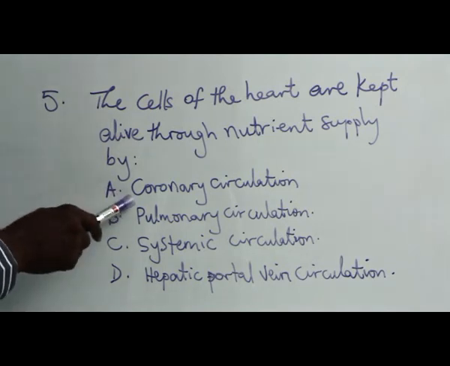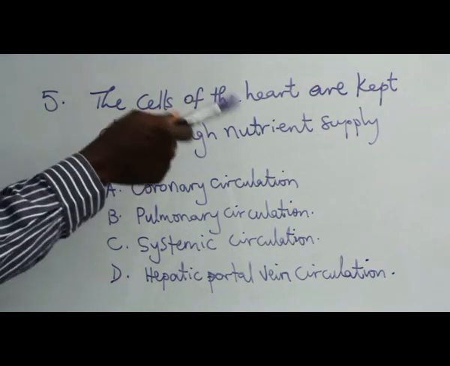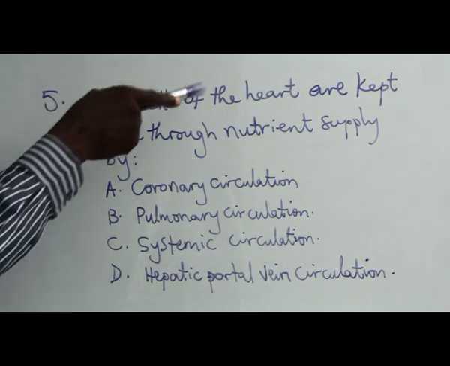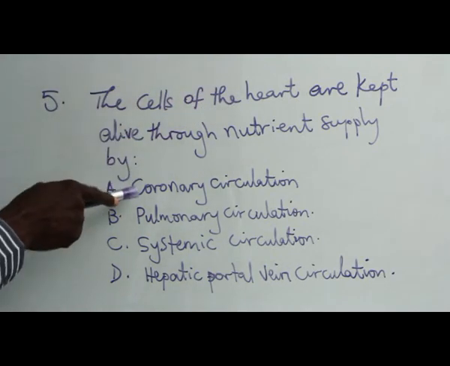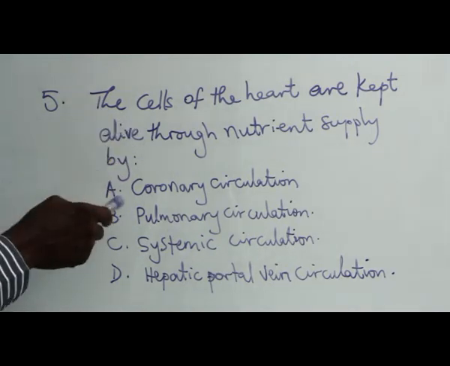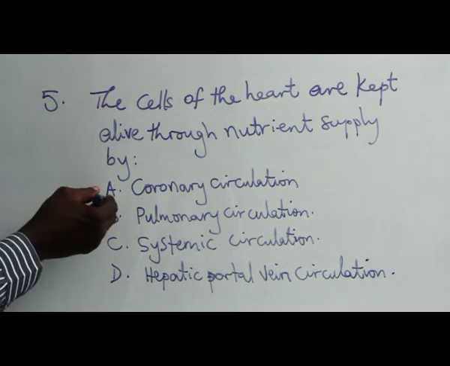So coronary circulation supplies the muscle cells and tissue with blood. So the answer to our question, the cells of the heart are kept alive because of the supply of material brought in by coronary circulation. Our answer is option A.